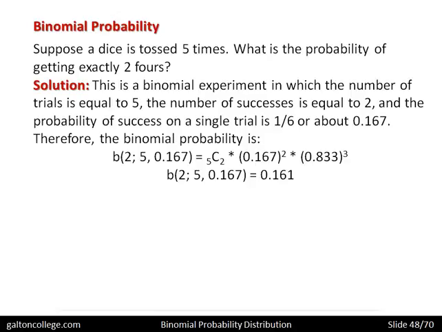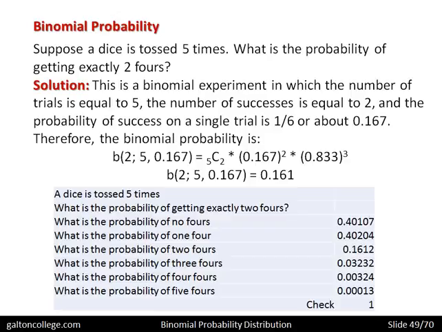In other words, the probability is that you will not get 2 4s. The balance of the probability would suggest that other numbers will appear. But sometimes we might want to work out the probability of getting exactly some outcome, so it's 16.1%. You can do that for no 4s, for 1 4, for 2 4s, for 3 4s, and so on.